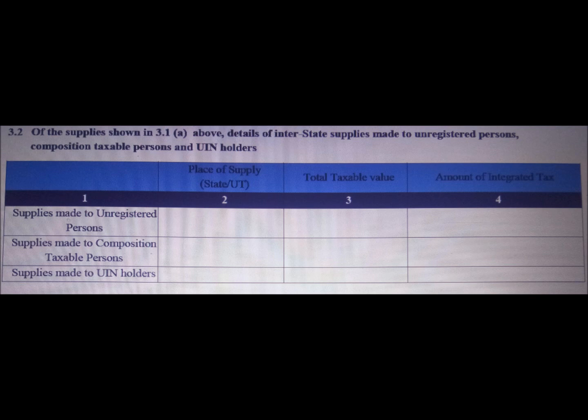Same penalty may be imposed under SGST Act. Therefore, taxpayers who are not giving this information in GSTR 3b should start reporting this figure to avoid penalty.